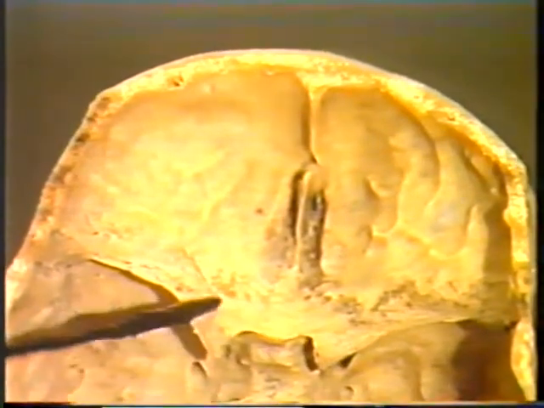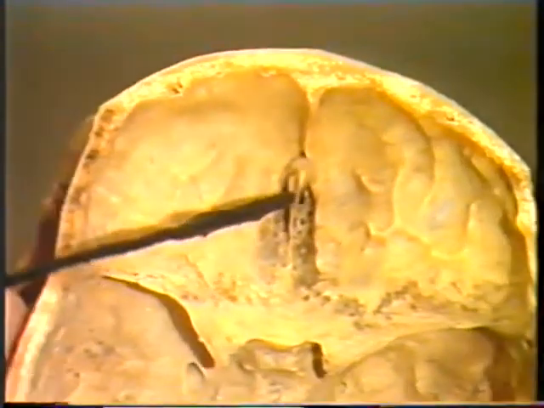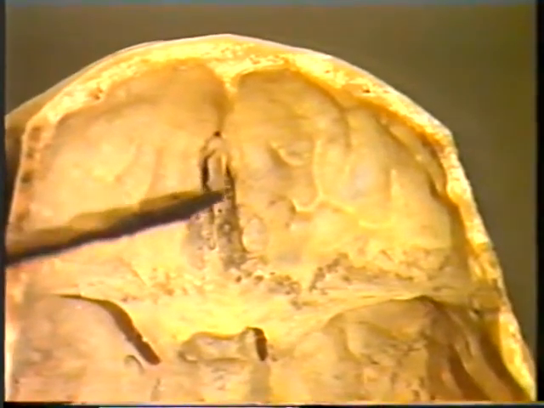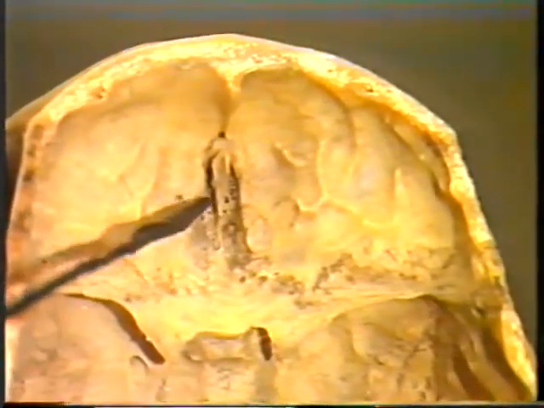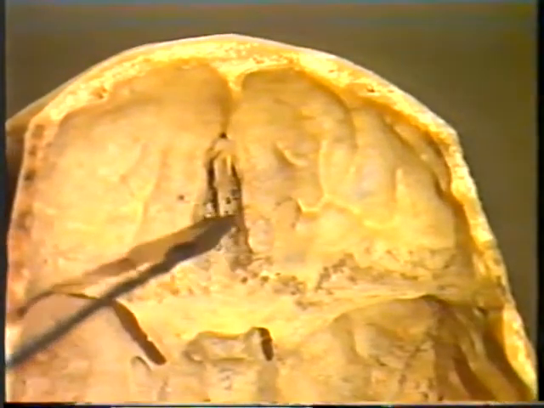It presents the crista galli, which is a median projection from the ethmoid bone. On each side of the crista galli, there is the cribriform plate of ethmoid, which transmits the fibers of the olfactory nerve through its foramina.